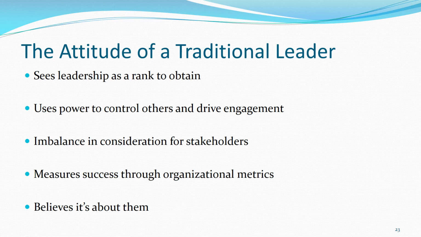So who are our preferred stakeholders, such that we give priority to those individuals rather than all our stakeholders matter. Traditional leadership measures success through organizational metrics such as profit and loss, such as savings, such as advancement in technology, such as outclassing the competition, such as market share.